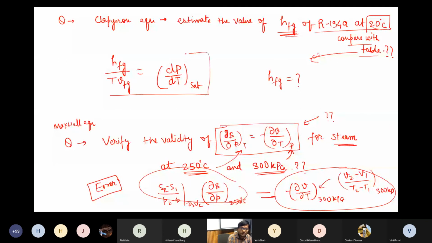So this also you can do in a similar fashion, but these two things I'll take as homework for you guys to practice. The idea behind the whole chapter is we can actually measure pressure, temperature, specific volumes, etc. But we cannot directly measure your entropy values, your enthalpy values, your internal energy values, and so on.